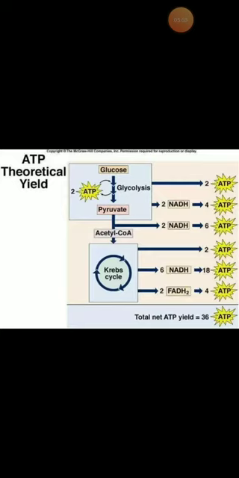We also get 2 molecules of FADH2, that is 4 molecules of ATP. So the total net yield of ATP is 36 molecules, as you see on the right side of this image: 4, 2, 6, 2, 18 and 4 combine to a total of 36 molecules of ATP. You should remember that during the metabolism of 1 molecule of glucose we get 36 molecules of ATP during aerobic respiration.